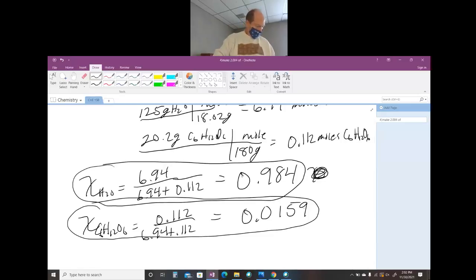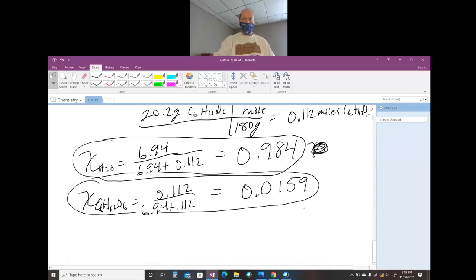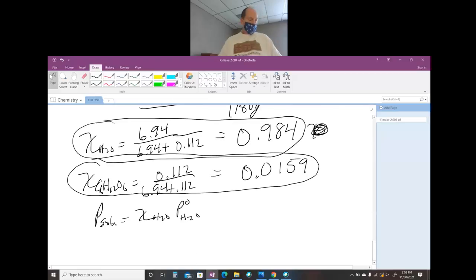All right, so now we can solve our question here. We wanted to know the pressure of the solution, and that's the mole fraction of the water times the pure water, water without anything in it. That's what we solved for in the first part. Part A was find the pressure of water at 35 degrees Celsius, and that was 47.6. So this is 47.6 millimeters of mercury.